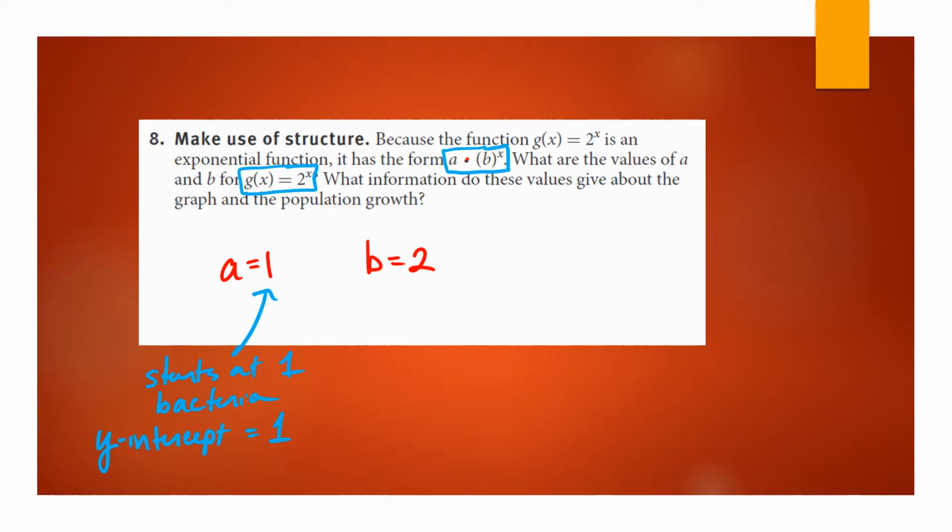Now b is the growth factor, or the common ratio, a term we learned before when we were talking about geometric sequences. That growth factor tells you what you're going to multiply by every time. So that tells us the population is doubling because it's got a growth factor of 2.